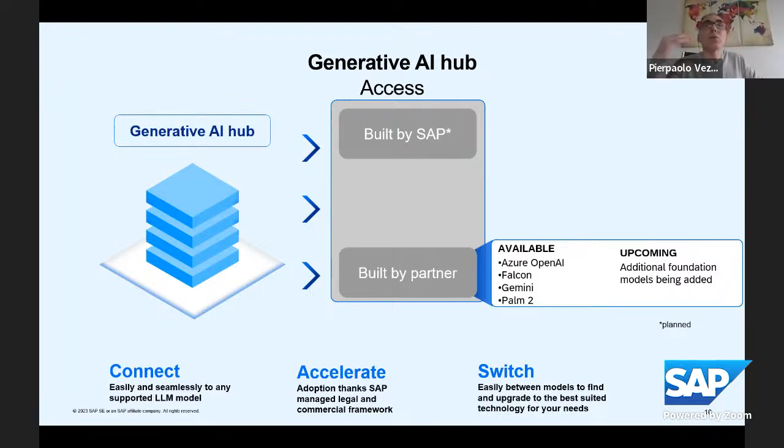And whenever a new LLM comes out which makes sense for our customers, we're going to add it to our list. Those large language models can be stored and run from the hyperscaler infrastructure, like the Azure OpenAI. But with time, we are also going to provide large language models embedded into the SAP Cloud infrastructure.